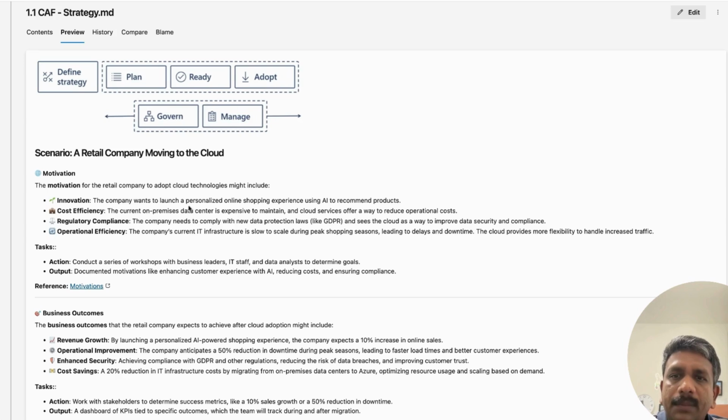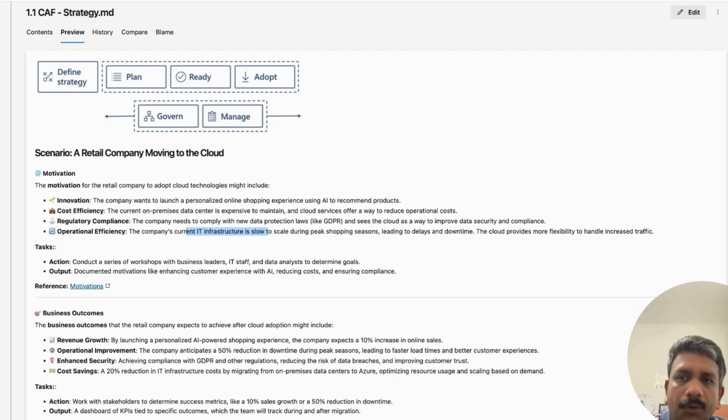As a retail company, probably you wanted to have a personalized online shopping experience, so you may want to migrate to cloud, or maybe you wanted to reduce the overall cost, or it may be because of compliance, or it may be that during the peak hours your online data center might not have the capability to handle the load.